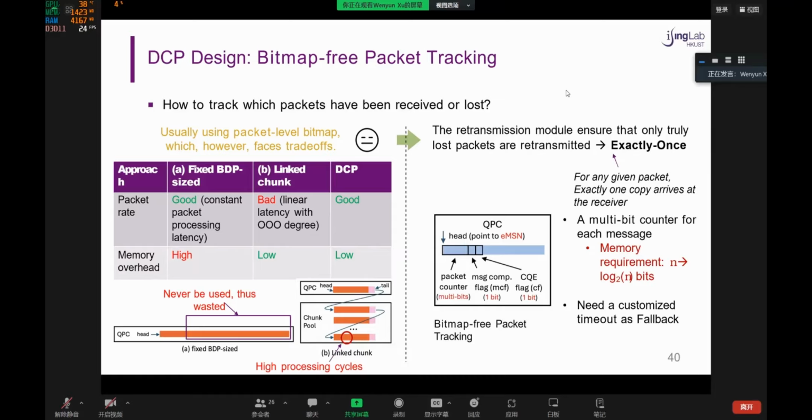When the packet counter equals the max size, the receiver determines that this message is complete. Note that this exactly-once assumption may be violated due to link failure or accidental HO packet losses. To handle these extreme cases, the paper developed a customized timeout approach as a fallback.